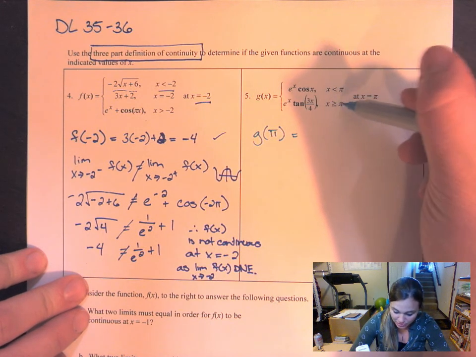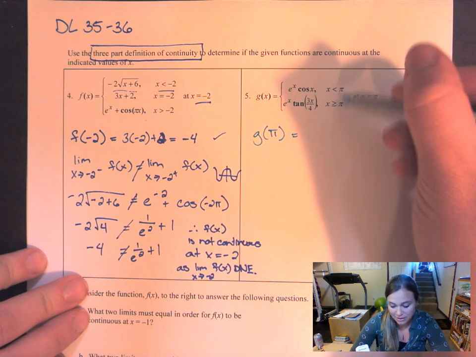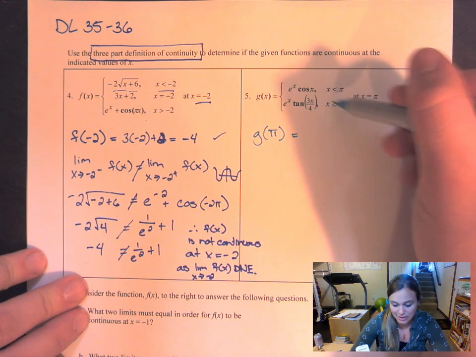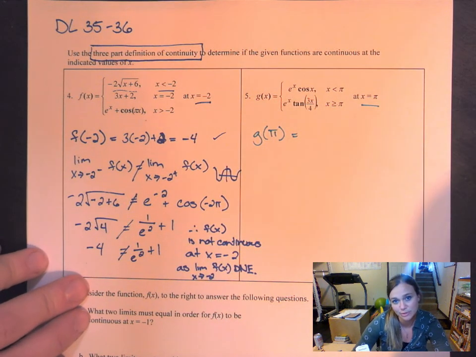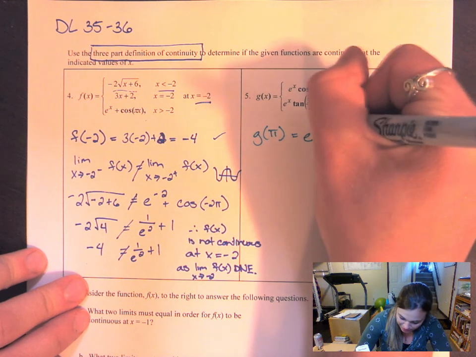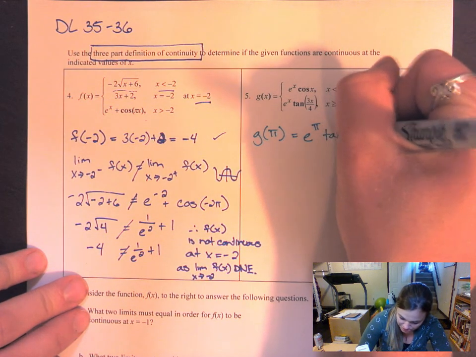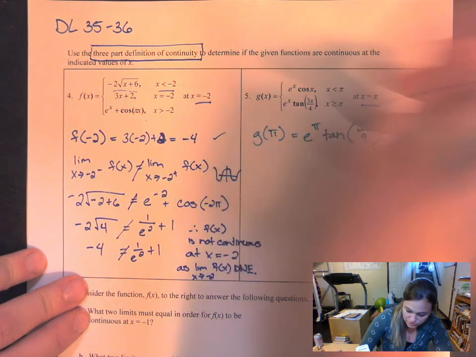So I can substitute pi into this part of the function. If there wasn't a line under the less than or the greater than, meaning it wasn't equal to, we could stop right there and move on with our lives because the function wouldn't be defined. Okay, so I'm going to say e to the pi tangent of 3 pi over 4. Gross, but we're going to do this anyway.